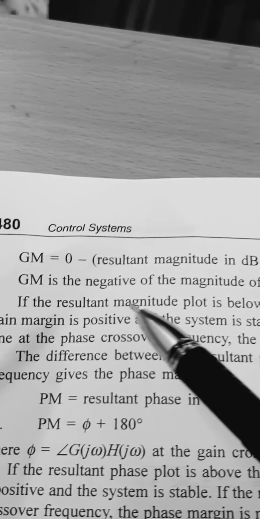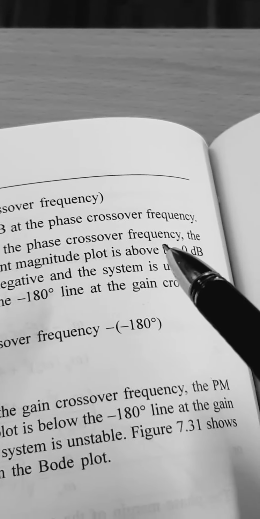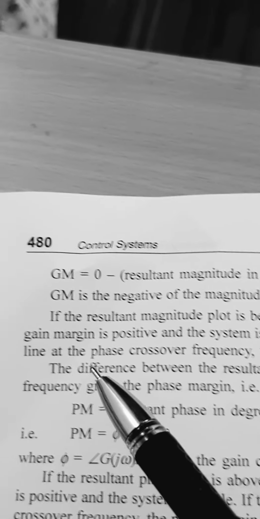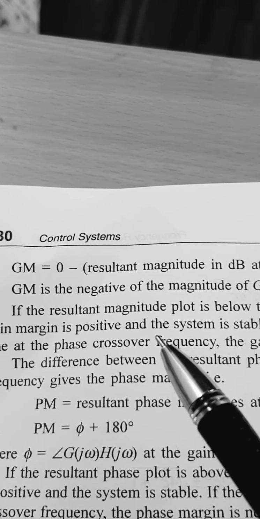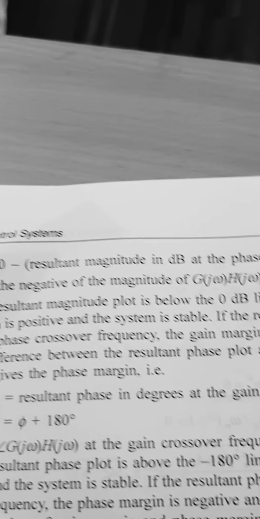If the resultant magnitude plot is below the 0 dB line at a phase crossover frequency, the gain margin is positive and the system is stable.